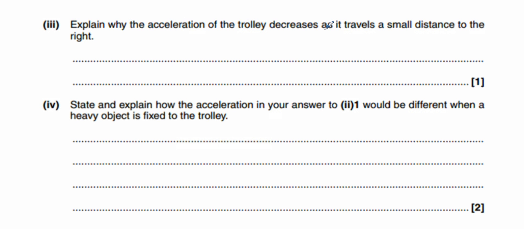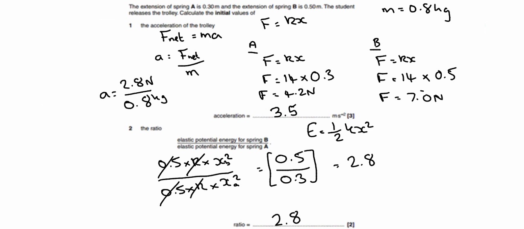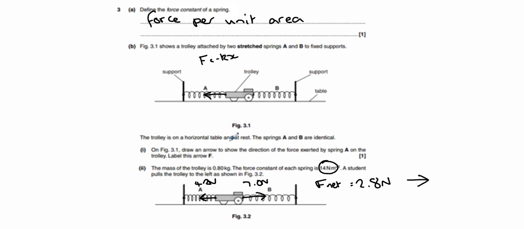Explain why the acceleration of the trolley decreases as it travels a small distance to the right. We kind of touched upon that before. Why does the trolley decelerate as it's moved a small distance to the right? If it's released from this point here and moves a small distance to the right, what's going to happen to spring B?